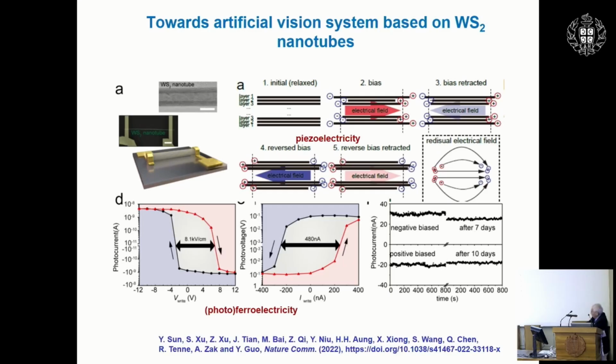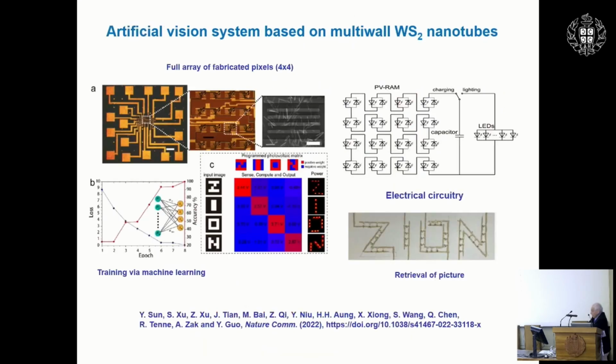So you see this beautiful hysteresis behavior, and the next step was to take these nanotubes, spread them on a silicon substrate, and use lithography to print different contacts, a matrix of 4x4 contacts, and measure this photovoltaic effect on each pixel.